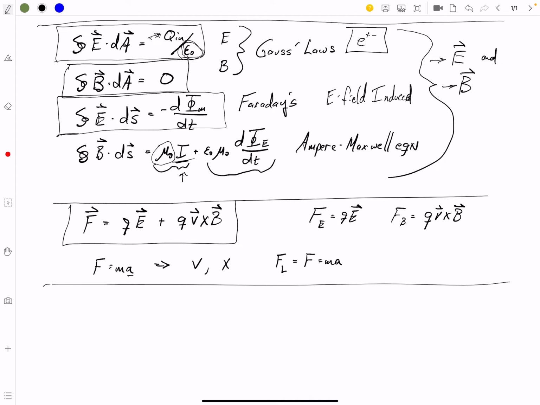However, oftentimes we've got the current that starts us out, and then gradually the only thing that we have left as we propagate out away from the current is the electromagnetic radiation rotating back and forth, and that is going to be our change in the electric field.